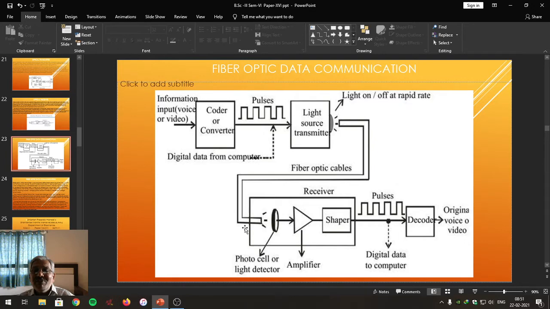Now receiver makes use of the detector as a photodiode. Maybe it is a pin photodiode or avalanche photodiode. It receives the light radiation, detects it and converts it into its corresponding electrical signal. These electrical signals are amplified by means of a suitable amplifier to increase its amplitude level.